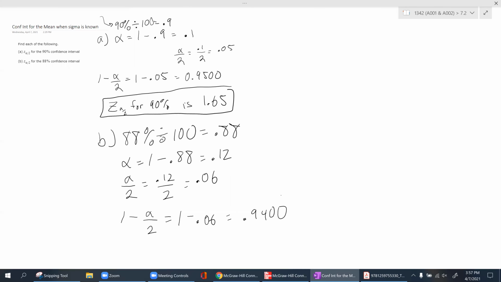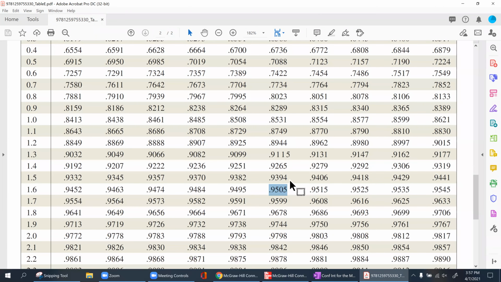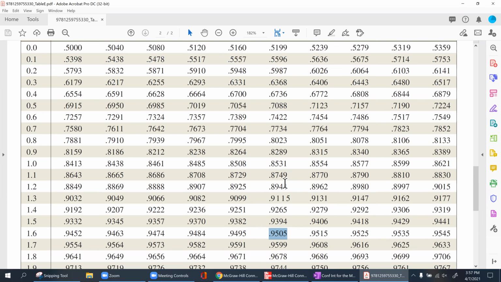What I'm going to do is find that 0.9400 on this table. I'm looking at these two values here. 0.940 is between them both. This one is 6 away from 0.94, and so is this one, but I'm going to scale up, so I'm going to be looking at this one.